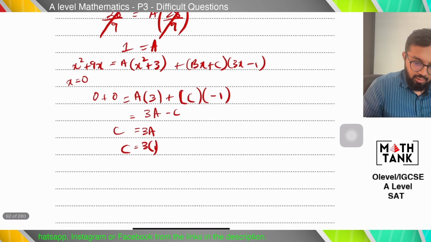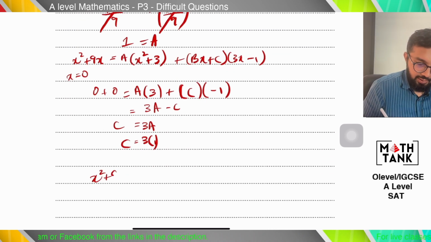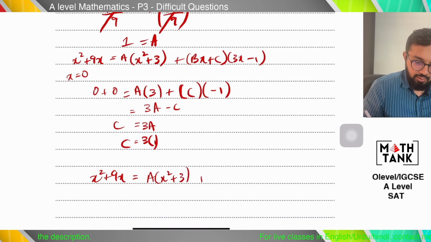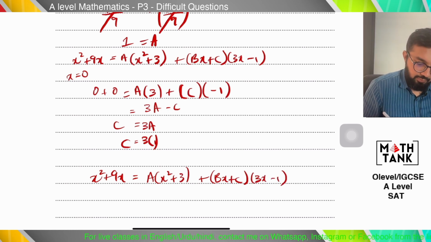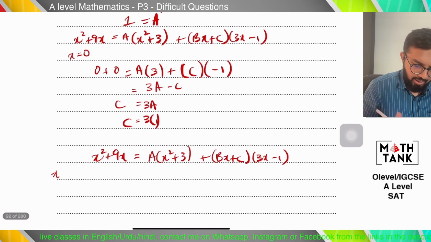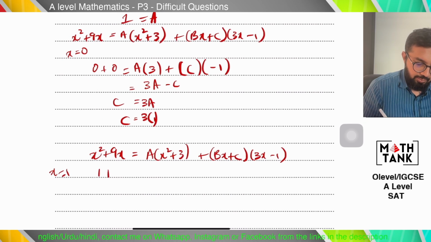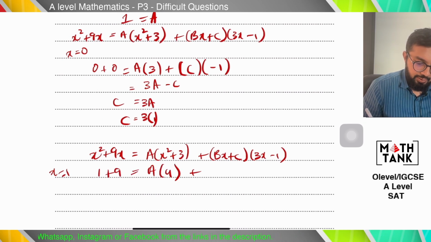And a is 1, so c is 3. Okay, and then I have x squared plus 9x equals a(x squared plus 3) again. Let's take x equals 1 in this case. So 1 plus 9 equals a into 4 plus (b plus c) into 2.